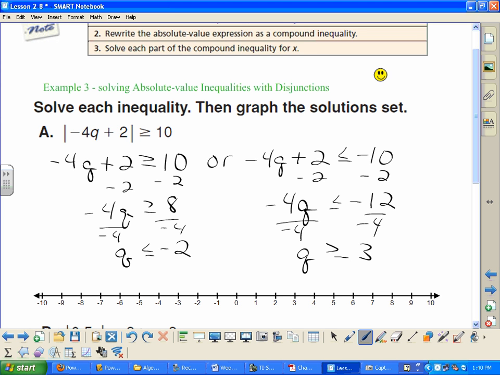So in both these cases, we have or equal to, which means that we're going to have solid dots at negative 2 and at positive 3.